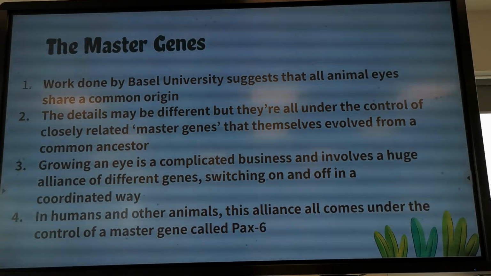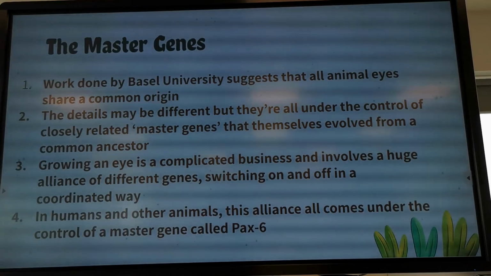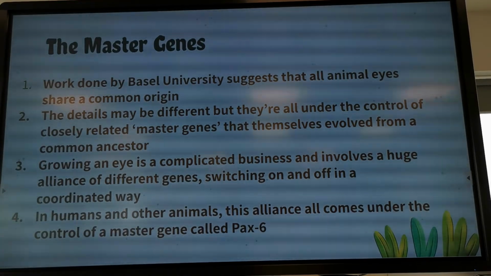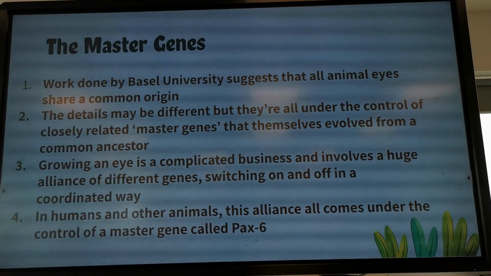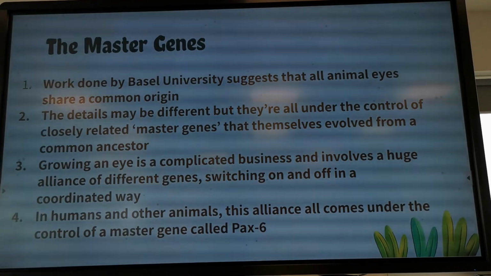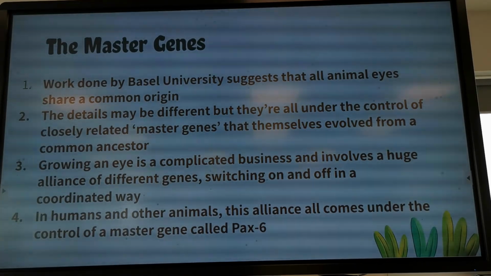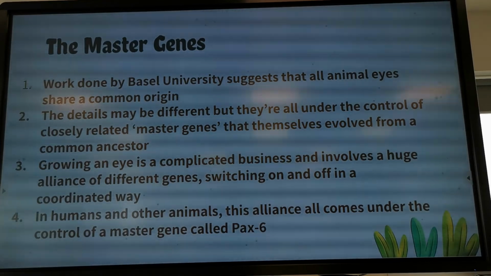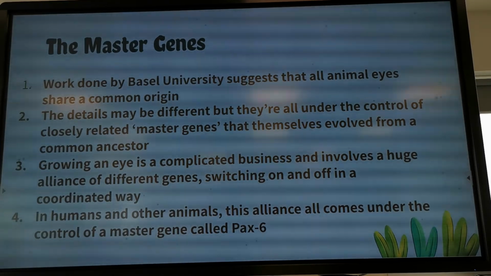So obviously genes play a huge role in shaping us, in determining how we develop, how we evolve, etc. But there are certain types of genes called master genes that basically work in collaboration with other genes and kind of orchestrate them and conduct them and trigger them to work in a certain way. So they kind of control things.